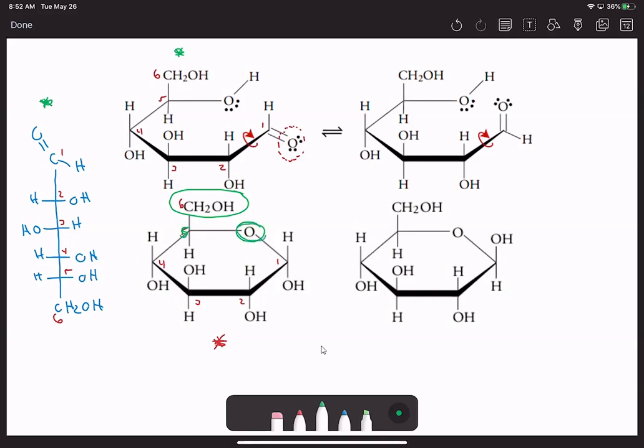So this closes up from carbon number 1 to carbon number 5, and they're bonded through this oxygen that sits on carbon number 5. When it closes, though, see this? There's an arrow right here.